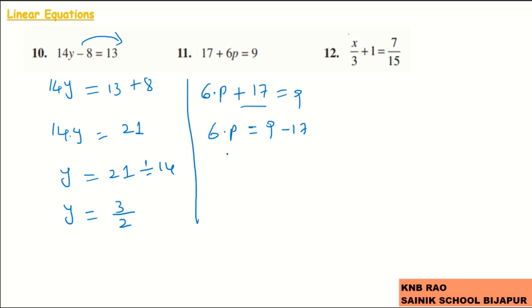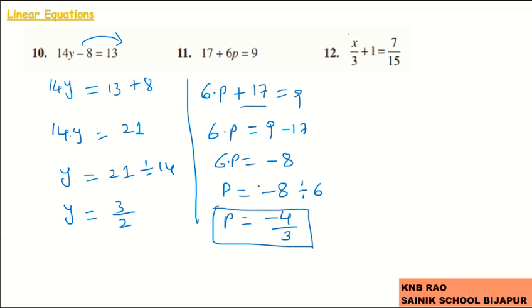So 6 times p equals to 9 minus 17 gives us minus 8. Therefore, here 6, which is multiplicand, if it is transposed that side, it divides minus 8. So p equals to minus 4 by 3 is the solution.